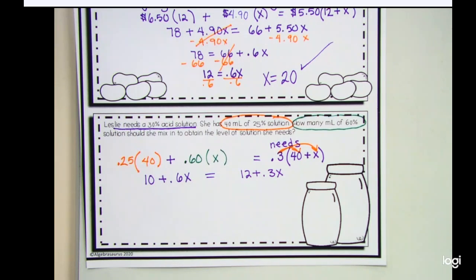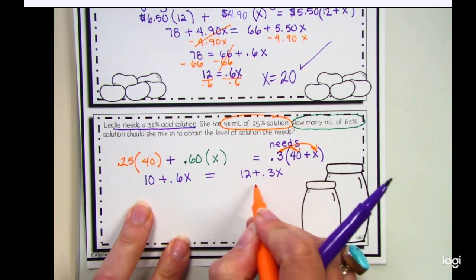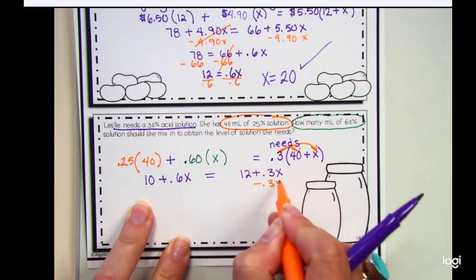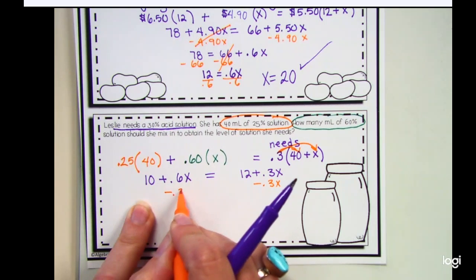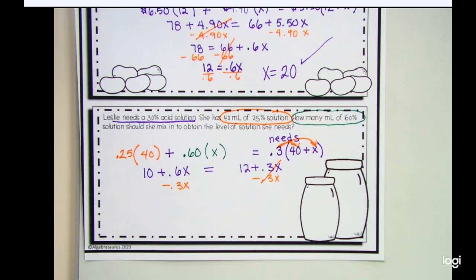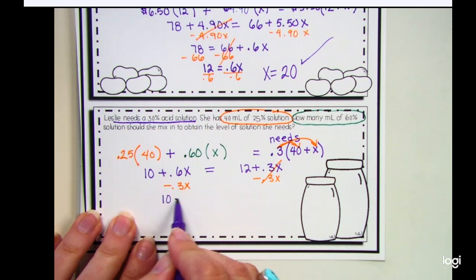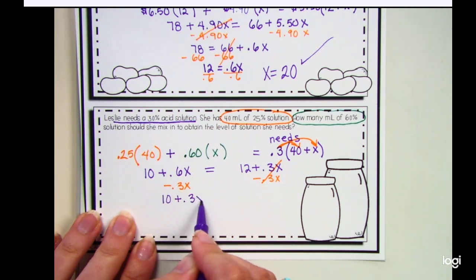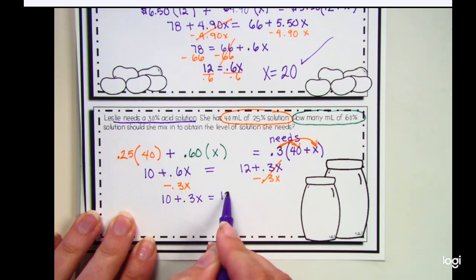Which way do you want to move your x's this time? To the left. Keep it positive. Minus 0.3x. Minus 0.3x. 10 plus 0.3x equals 12.